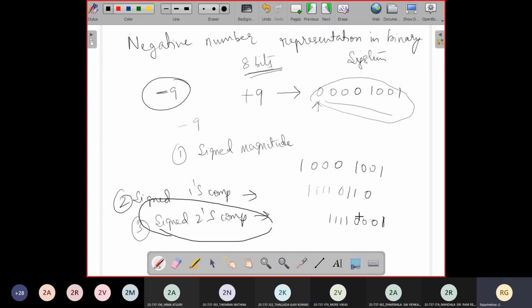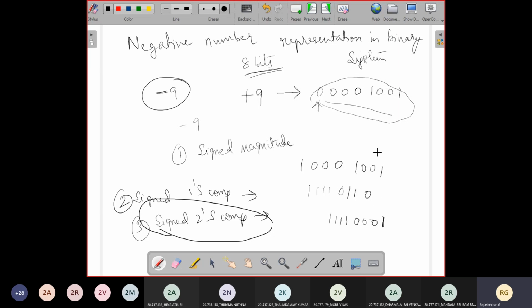Only the least significant 0 will be unchanged. That is the procedure. If there was a 0 here, I should have kept that 0 as it is, and the remaining digits should be complemented. That is what I am doing. The first one I am keeping as it is. There are 2 zeros here which are not least significant zeros. Therefore, I am taking the complement of them.